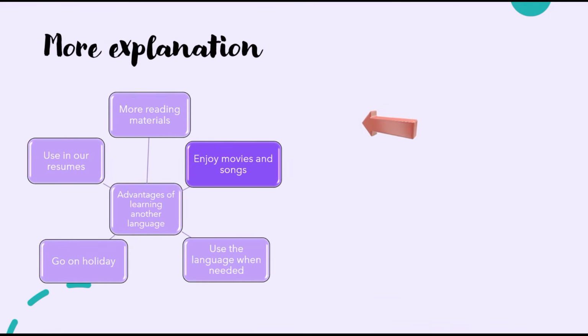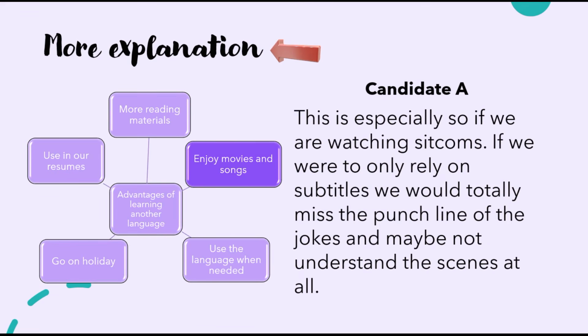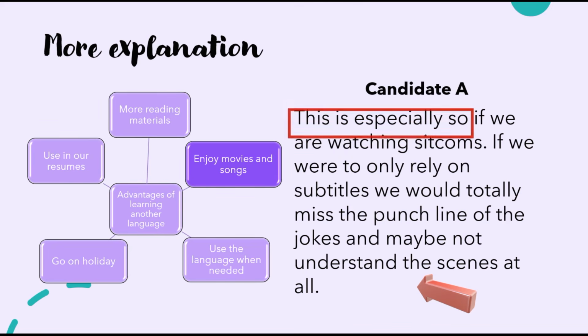Next is, you would need to give more explanation on this. This is especially so if we are watching sitcoms. If we were to only rely on subtitles, we would totally miss the punchline of the jokes and maybe not understand the scenes at all. I would like to highlight this phrase here. This is especially so.